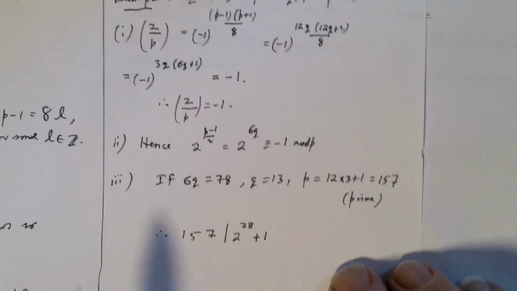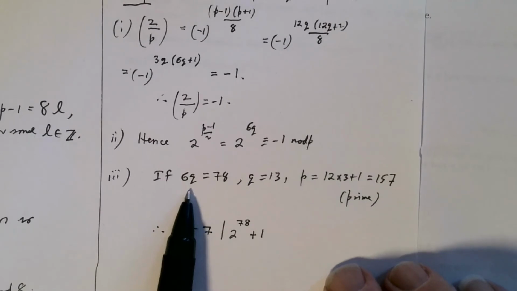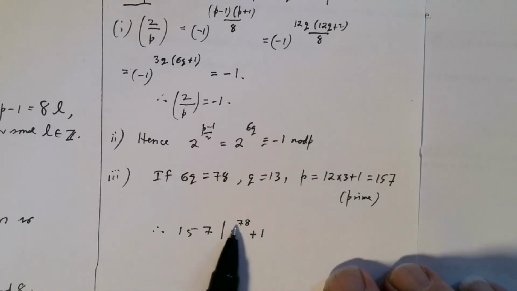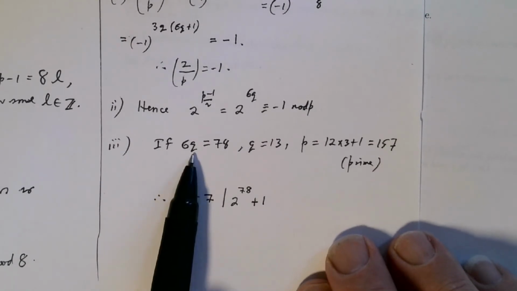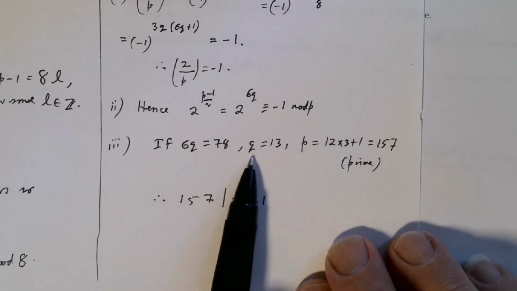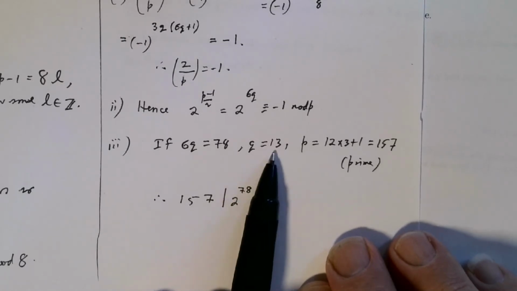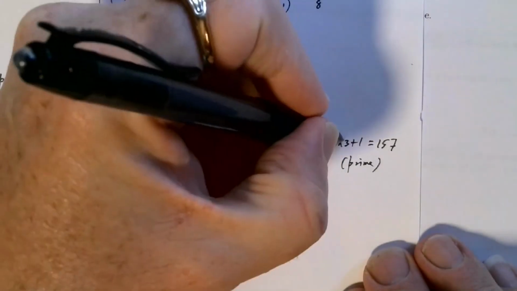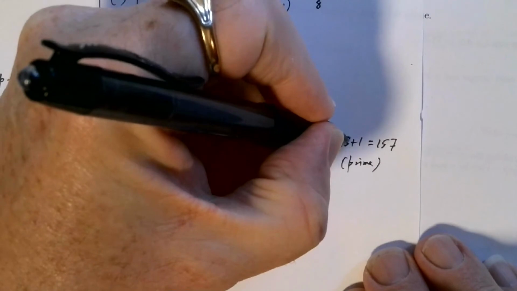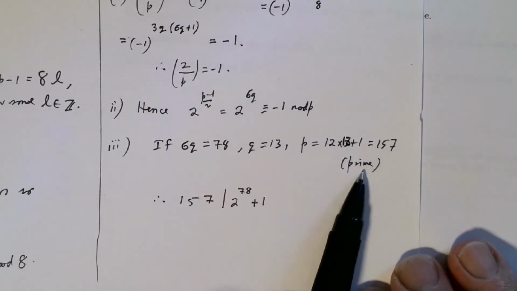And if we now want to look at 2 to the 78 plus 1, then I want 6q to be equal to 78, so take q to be 13, and that fits all the criteria. q is odd. If you take p to be 12 times 13 plus 1, you get 157, which of course is a well-known prime.